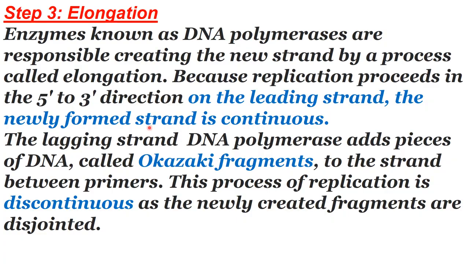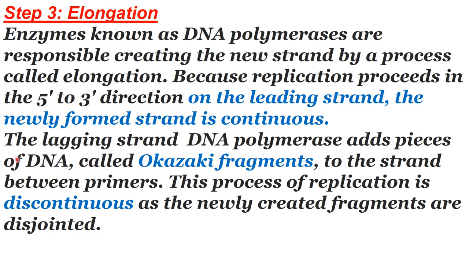On the leading strand, the newly formed strand is continuous. As I told you in the previous slide, the leading strand is the one having polarity 3' to 5'. The complementary strand will be formed by the action of DNA polymerase, which can act only in 5' to 3' direction, so this leading strand will be continuous.